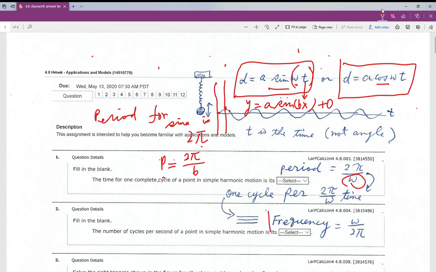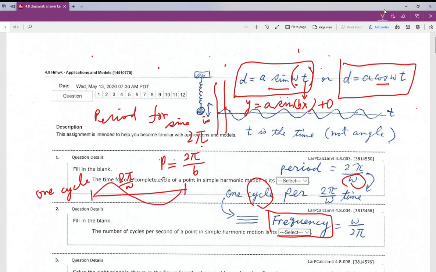Now in the book we also talk about the frequency. So what does the frequency mean? Inside one period you have 2 pi over w. Okay, one period means one cycle. So one cycle, you have one period, right?